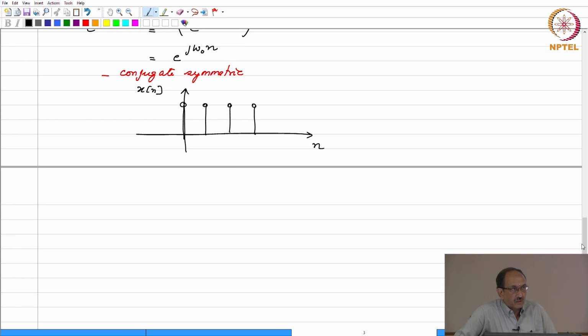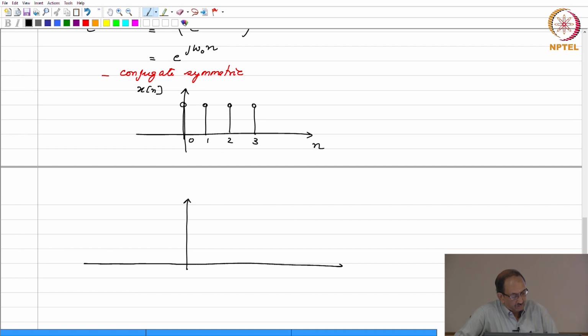To decompose it into odd and even parts, x_e of n is x of n plus x of minus n by 2. At n equal to 0, x of 0 and x of minus 0 are the same, so if you add them up and divide by 2, you get back your sample value of 1.